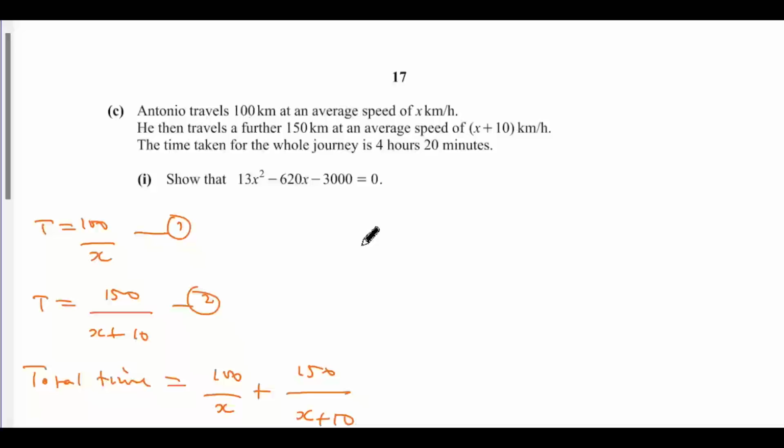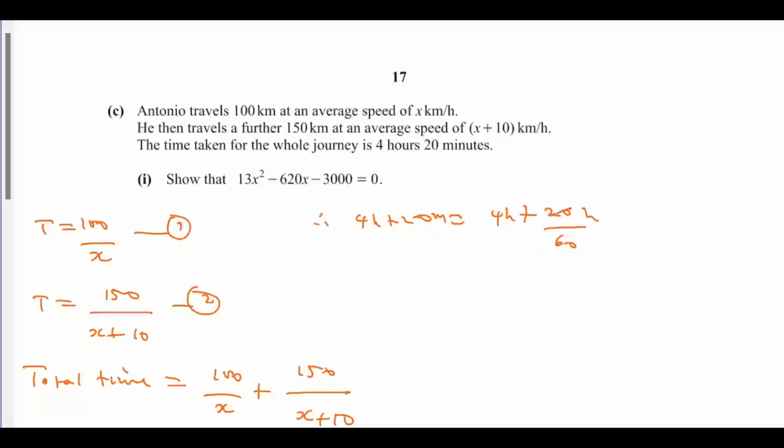Okay, so we can now solve this. We need to convert the 4 hours 20 minutes to hours. We are given total time equals 4 hours 20 minutes, so this will be 4 hours plus 20 over 60 hours.